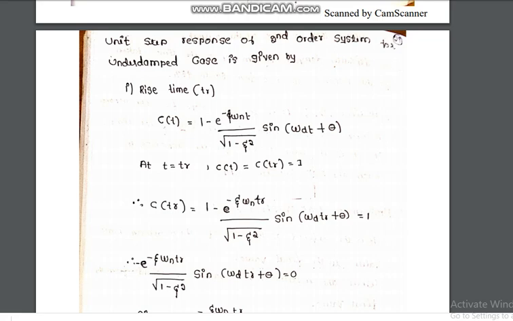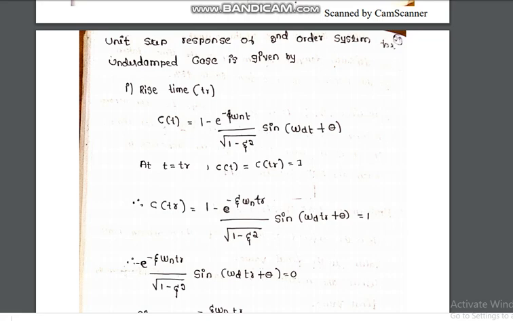So at this rise time TR, the output C of t is equal to 1. Therefore C of TR is equal to 1 minus e to the power minus zeta omega n TR divided by square root of 1 minus zeta square, sine of omega d TR plus theta, is equal to 1.